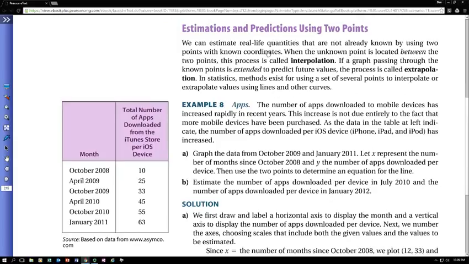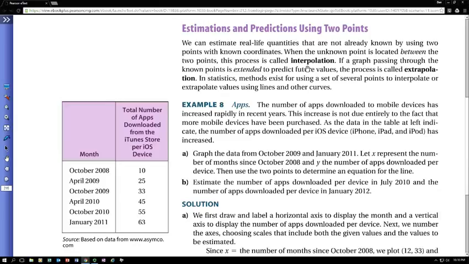And what they're talking about is we can estimate real life quantities that are not already known by using 2 points with known coordinates. Okay, there's my 2 points. When the unknown point is located between the 2 points, it's called interpolation. In other words, I have this value from a long time ago, and then a recent value, but the question is, what happened in between those 2 points?